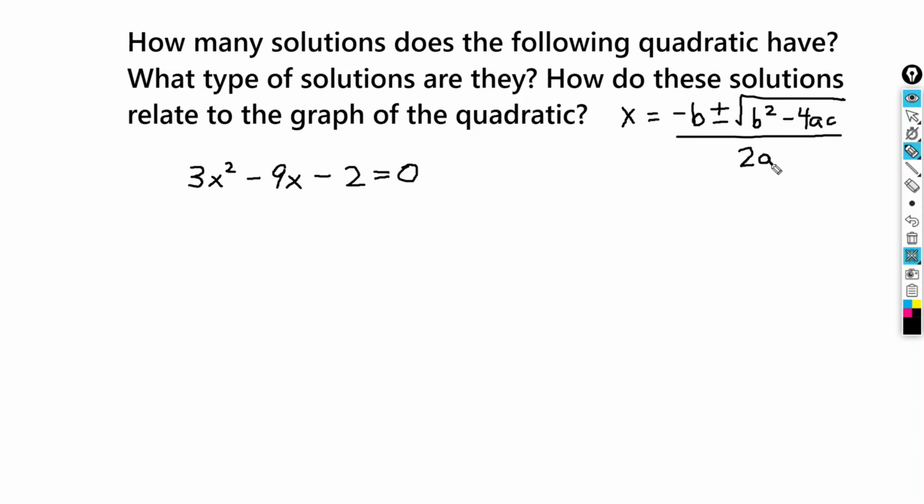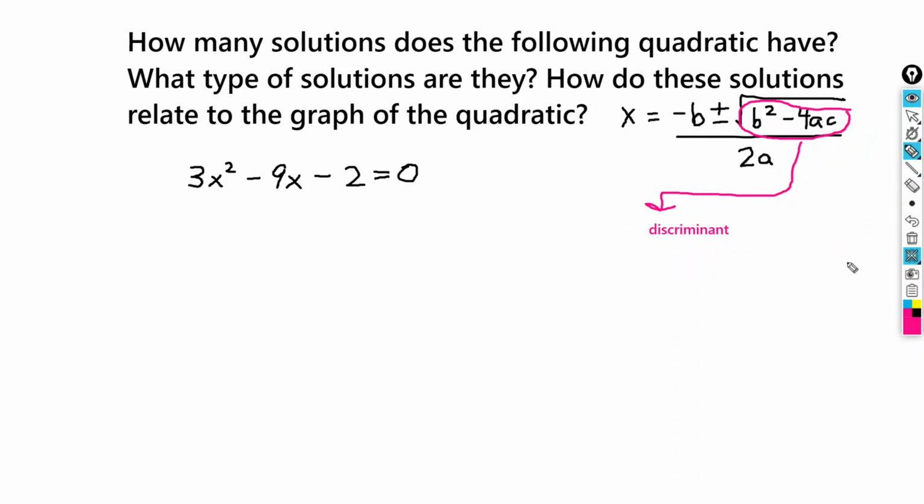Now, to help us answer the questions that I'm concerned about in this video, we're going to use the discriminant, which is this part, b squared minus 4ac. So this is the discriminant here. That's what this is called.